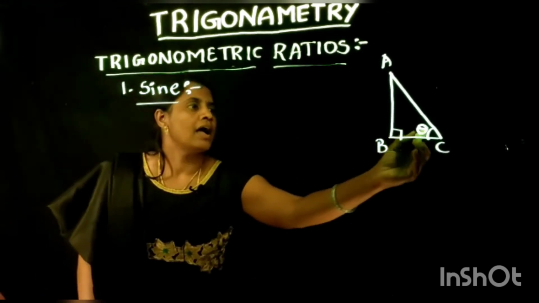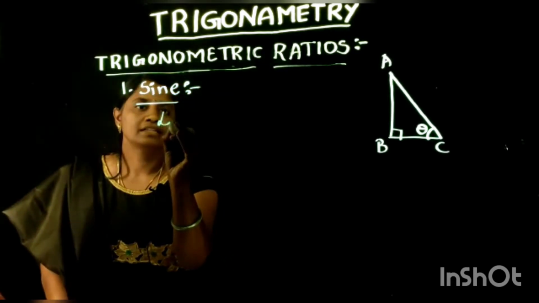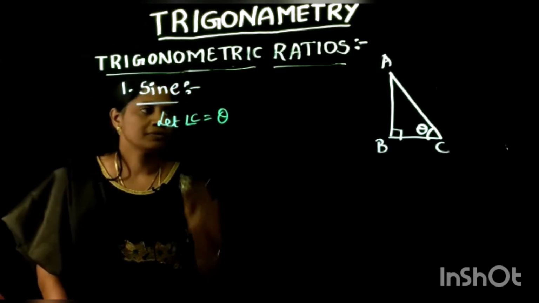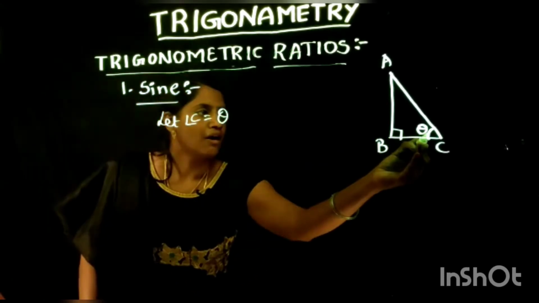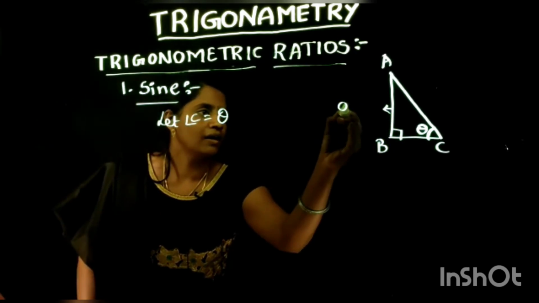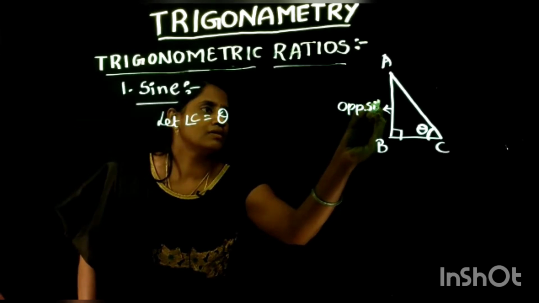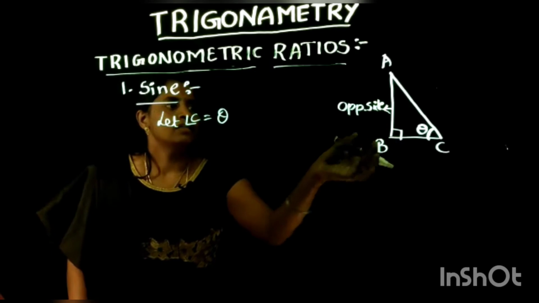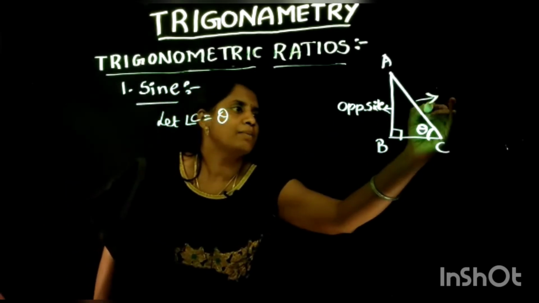Let angle C be equal to theta. How do we define sine? It is the opposite side of angle theta by the hypotenuse.